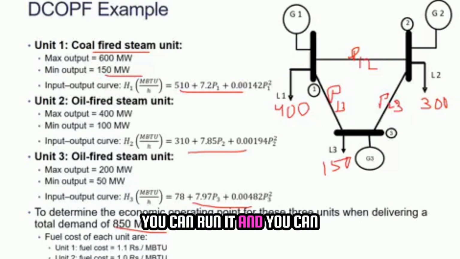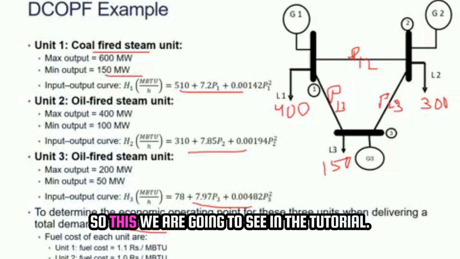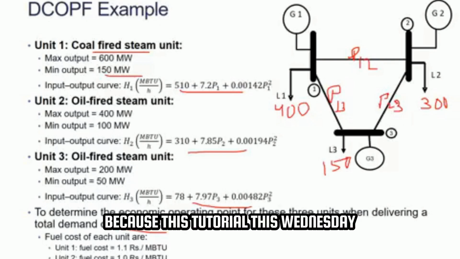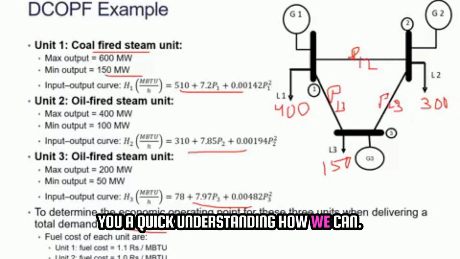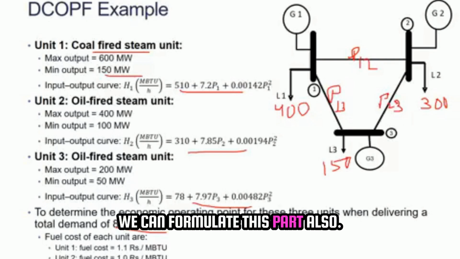You can run it and tell me the answer. We are going to see this in the tutorial, because this Wednesday we are going to have a quiz. Probably I can give you a quick example on this, which will give you a quick understanding of how we can formulate this.